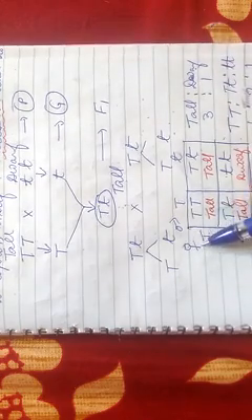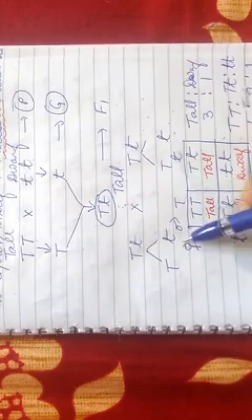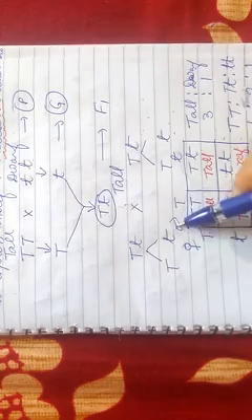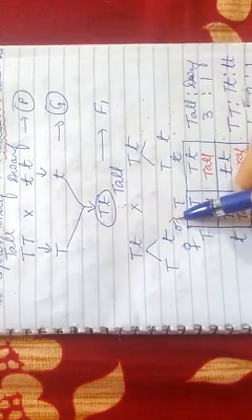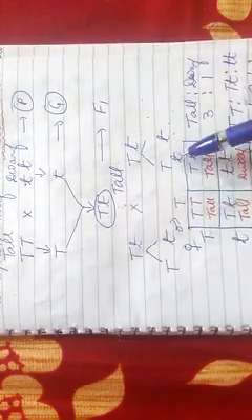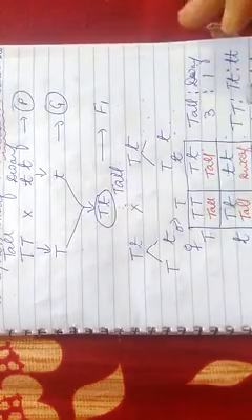On one side I have given the gametes produced by the female parent, and on the other side the gametes produced by the male parent, right? So on one side capital T, small t, gametes produced by the female parent. Other side capital T, small t, gametes produced by the male parent, right?